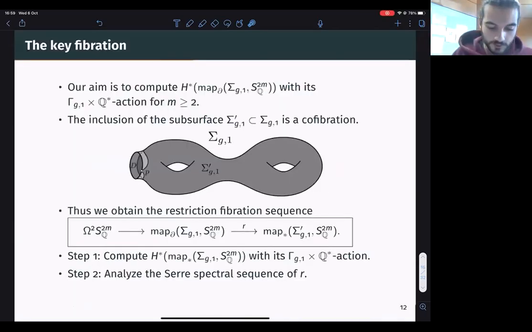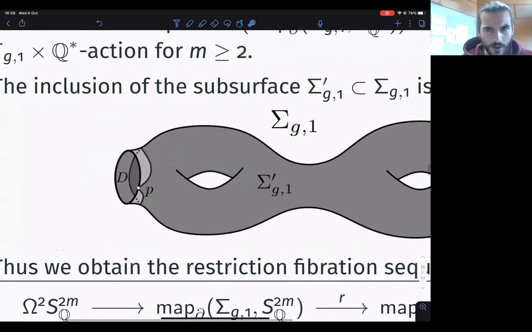So now let's focus on surfaces. We want to compute the cohomology ring of this mapping space with this gamma G1 action and Q-star action. I will use a fibration sequence appearing here, and it comes from essentially pushing most of the boundary away from itself, except one point.